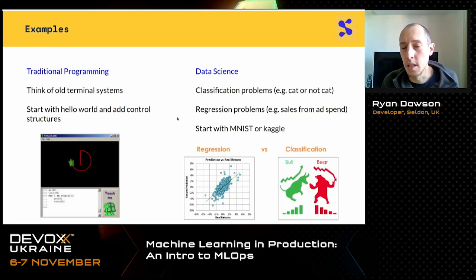An example would be, is this image a cat or not a cat? Regression problems look for a numerical output. For example, predicting sales revenue from how advertising spend is directed. The hello world of data science is MNIST, which is a dataset of handwritten digits, and the problem is to categorize each handwritten sample correctly as the number that it represents.